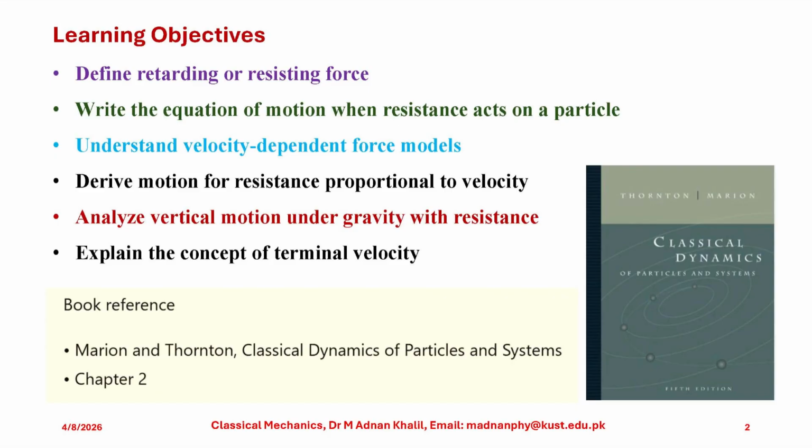Then we will derive the equation of motion when the resistance is proportional to velocity. This will lead us to three important relations: velocity as a function of time, displacement as a function of time, and velocity as a function of displacement. Later, these ideas will help us understand more realistic vertical motion and the terminal velocity.